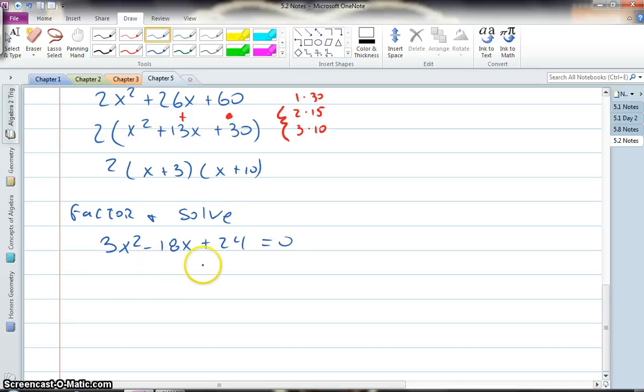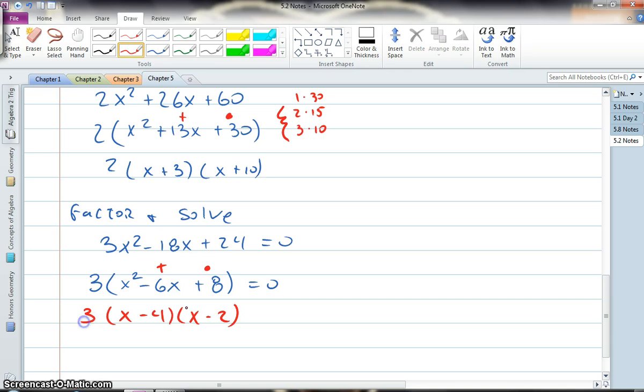So search for a GCF first if you don't have a positive 1. So in this case, it's 3. So I have x squared minus 6x plus 8 equals 0. So what's left inside, I need two numbers that multiply to positive 8 and add to negative 6.